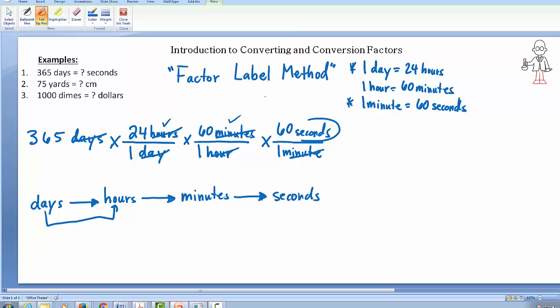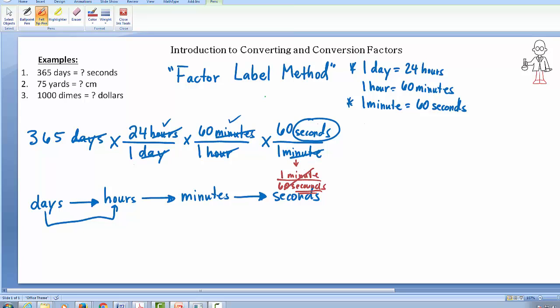So I wind up with my desired unit of seconds. Had I written in this step 1 minute over 60 seconds, the seconds in this denominator would not have canceled with the minutes in this numerator.